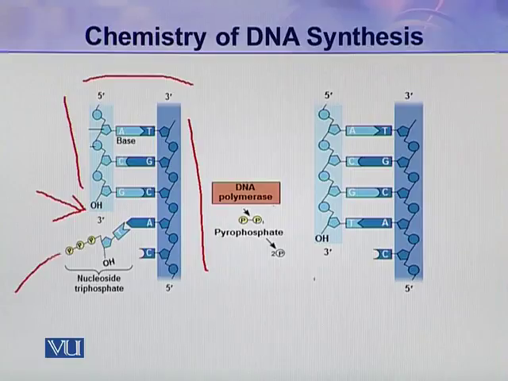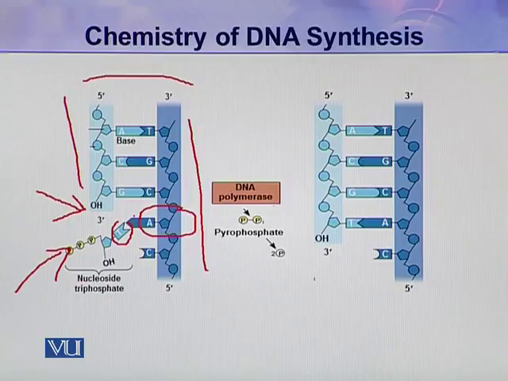This is a new nucleotide triphosphate which is coming to join the nucleotide on this template. As you can see here, if adenine is present, then this nucleoside triphosphate containing thymine comes here to be added to this growing chain.